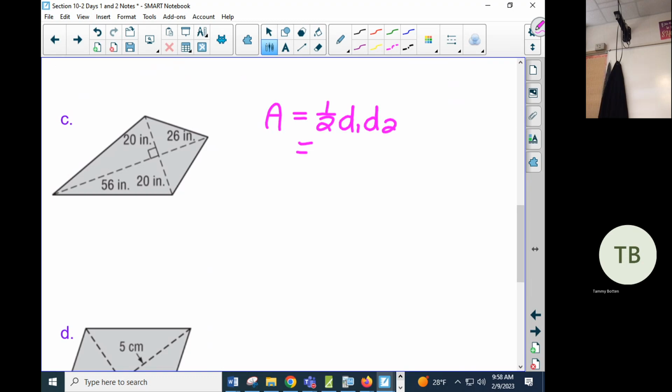So the diagonals don't cut each other in half in a kite. So here, what I would do is go 1/2 or 0.5. One of my diagonals is 20 plus 20, and the other one is 26 plus 56, which is going to be 82. And when you do that, you should get 1,640 square inches.